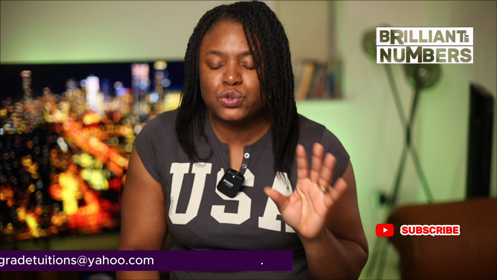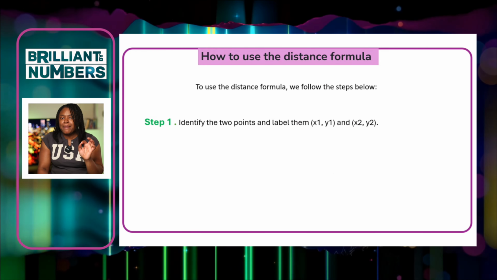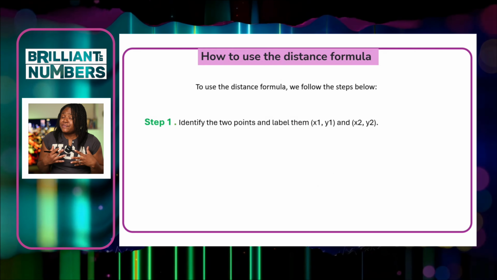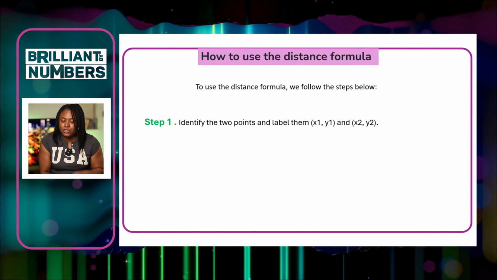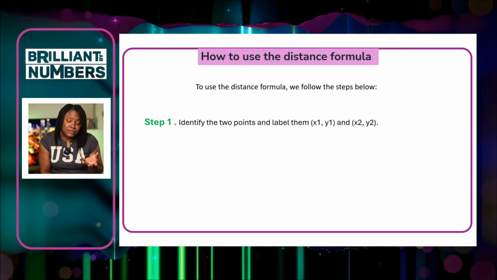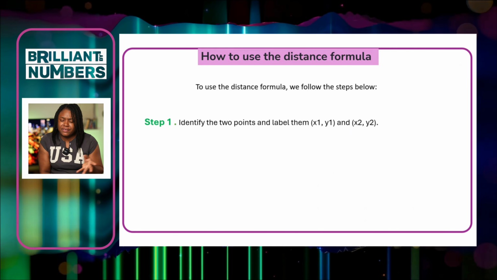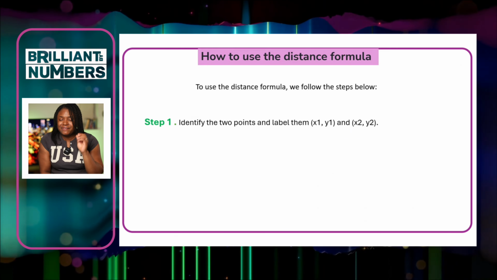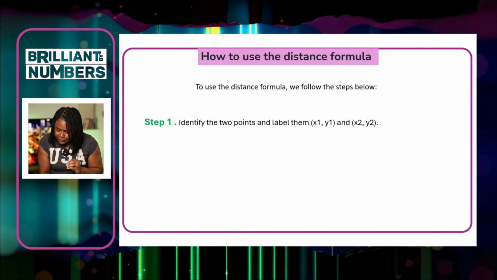But first of all, let's talk about how do we use the distance formula. Now, to calculate using the distance formula, we follow the steps below. Step 1, we must first of all identify the 2 points that we're given. They will come in terms of letters A, B, C, whatever the letters are. Identify the 2 points that we're given.